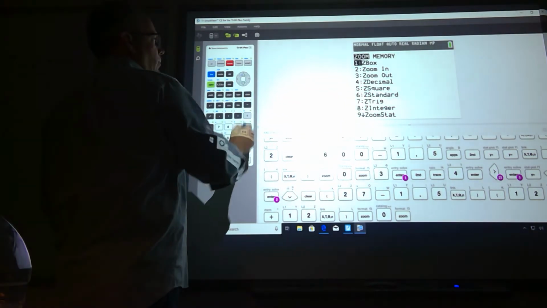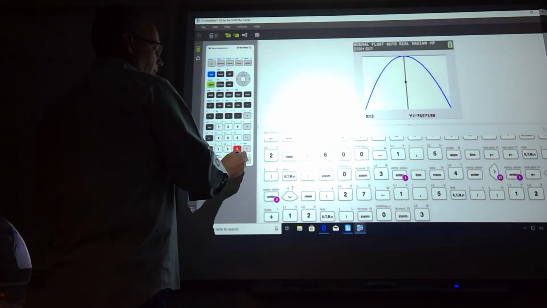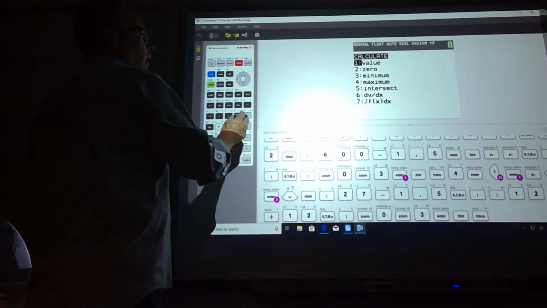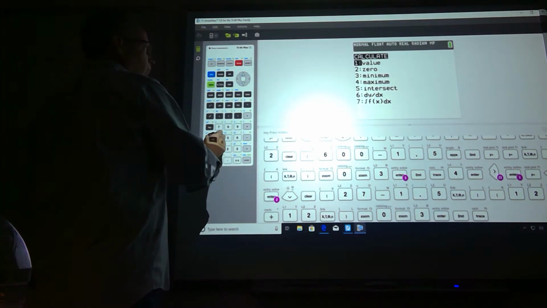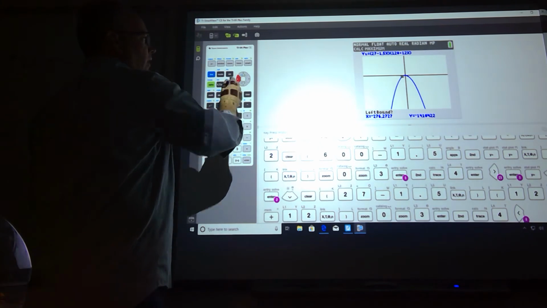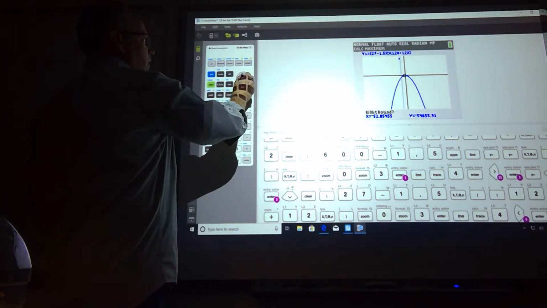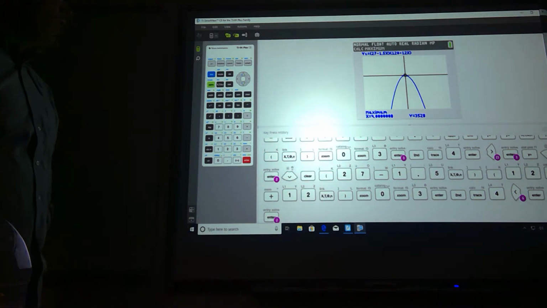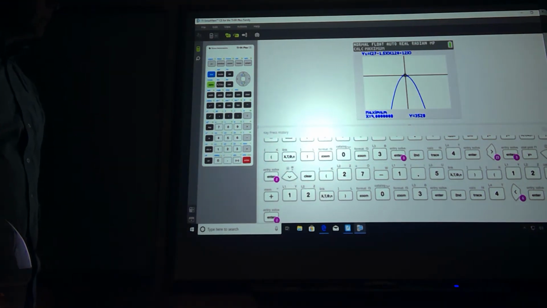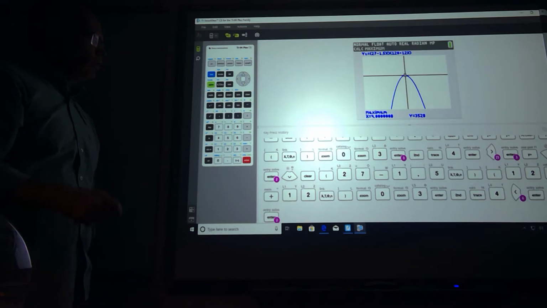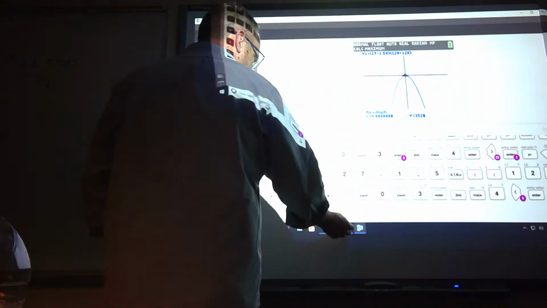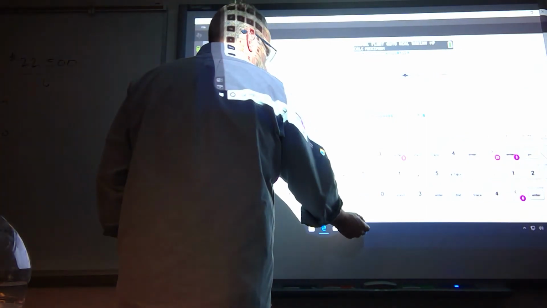Maybe zoom it out a little bit. I just want to find my vertex. All right, so I'm going to go second calculate. I want to find a maximum. So I'm on the left side of it. Enter. On the right side of it. Enter, enter. So it looks like the maximum is 435.28.